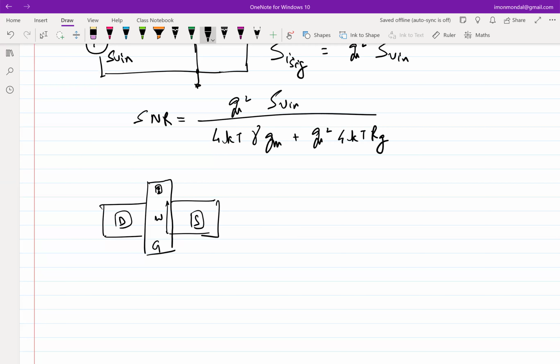So what we tend to do normally is to say that, okay, I understand this is a problem, so we'll not have a very large W. We're going to split it into two small Ws, maybe two different transistors of W by 2.